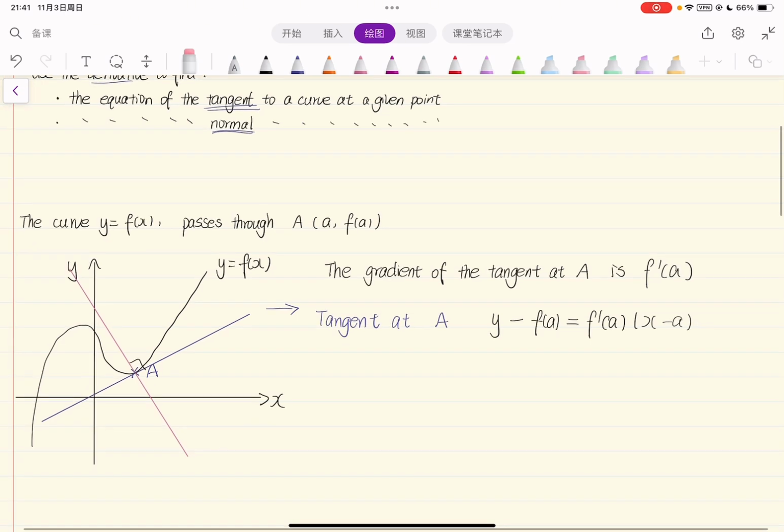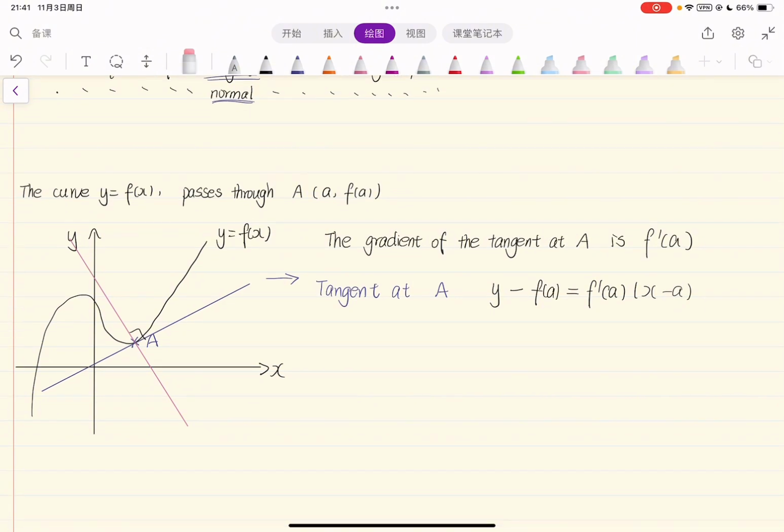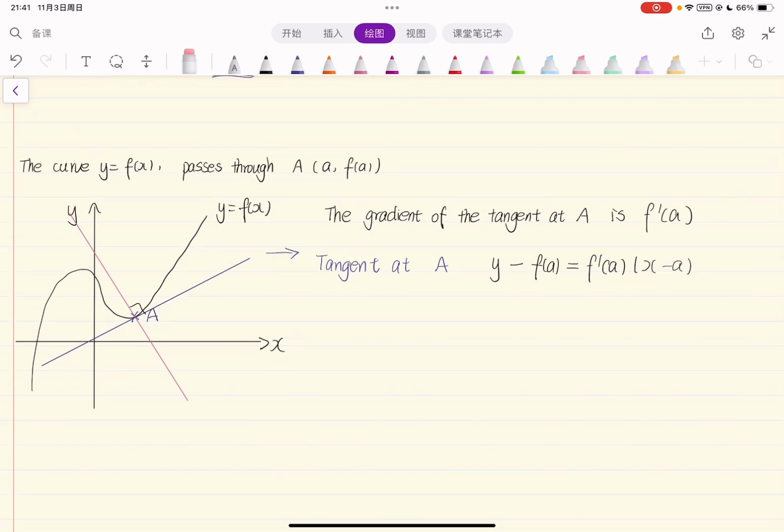If you know the gradient of the tangent at point A, we also know the gradient of the normal at the point A. So the gradient of the normal at point A is -1 over f dash a.